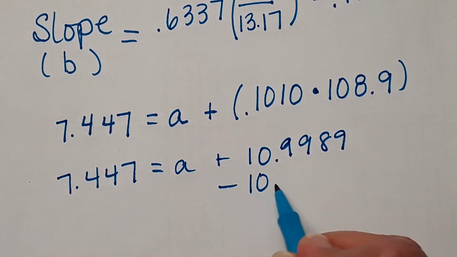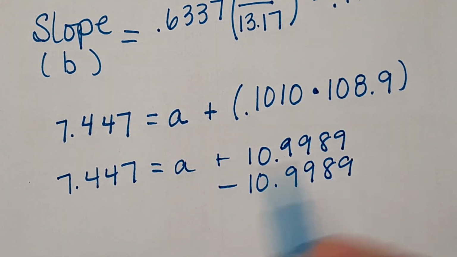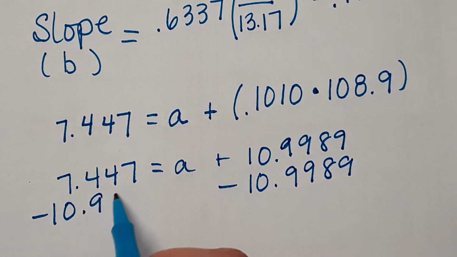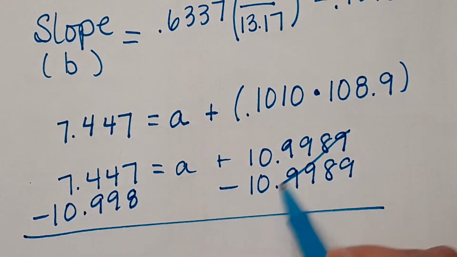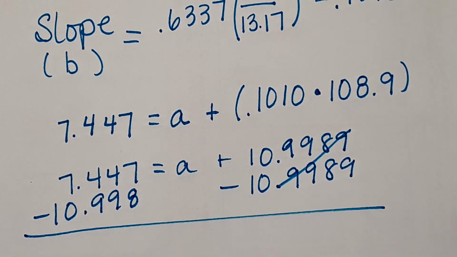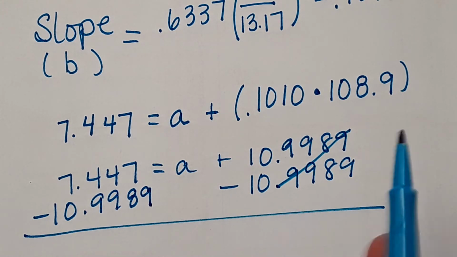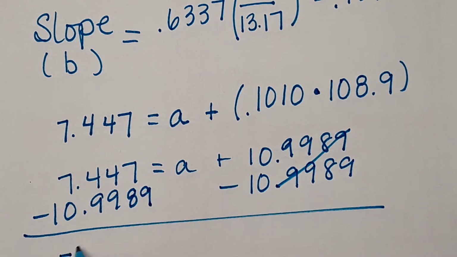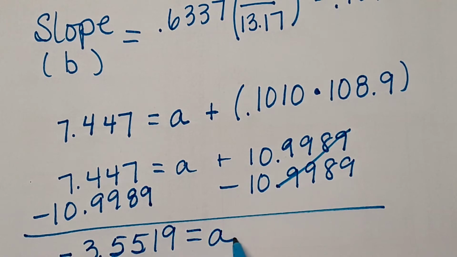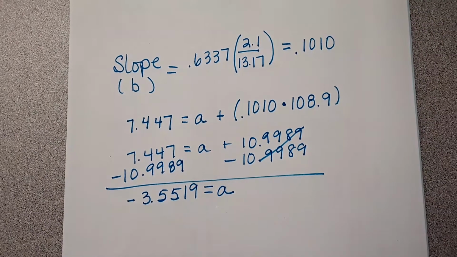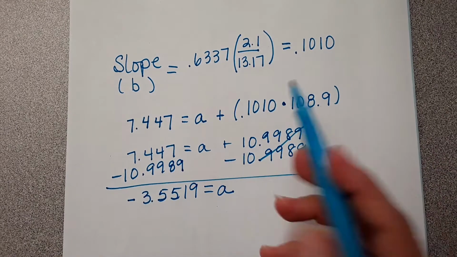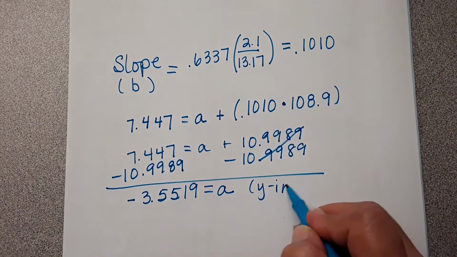And then of course we subtract because we're just solving an equation. It was 10.9989, correct? Okay, so now I have my slope and my A is my y-intercept.